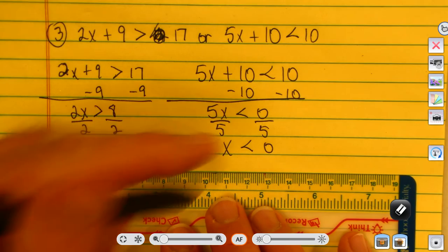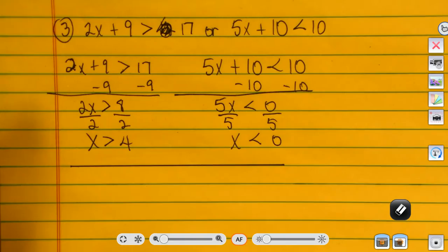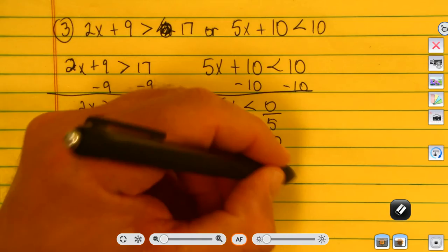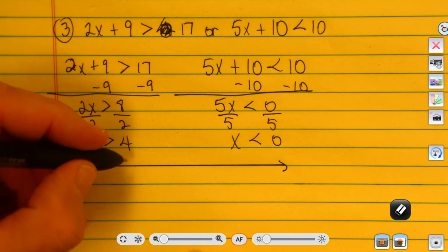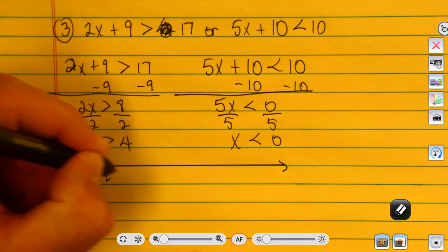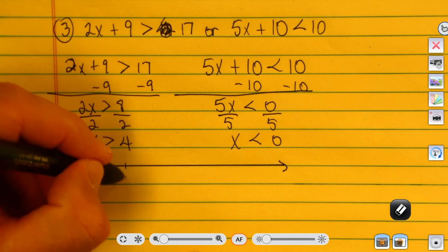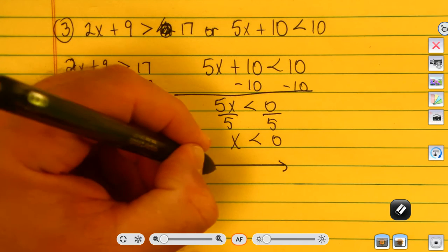So I need to graph it as well as write it in interval notation. Looks like I span 0 to 4, so maybe I'll go negative 2, negative 1, 0, 1, 2, 3, 4, 5.